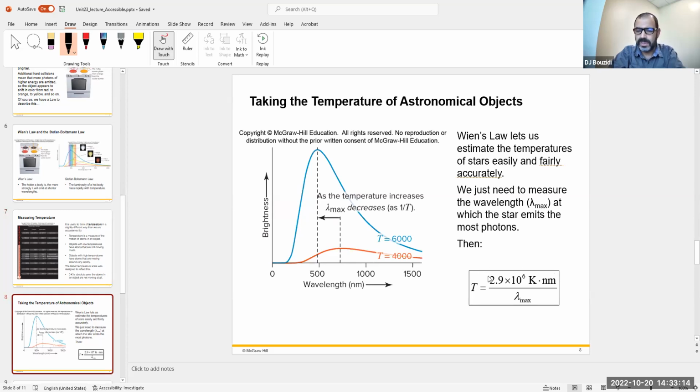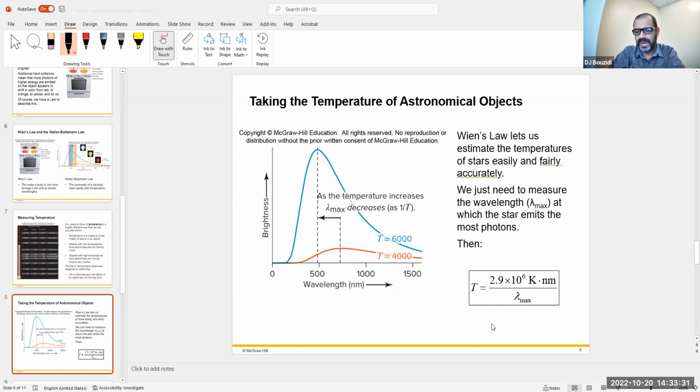Again, this is the constant that you have. If you guys remember the lab we did, for those sitting in the lab, we had some lambdas and we were trying to find the temperatures and vice versa. And we found the maximum wavelength for the sun versus its temperature.